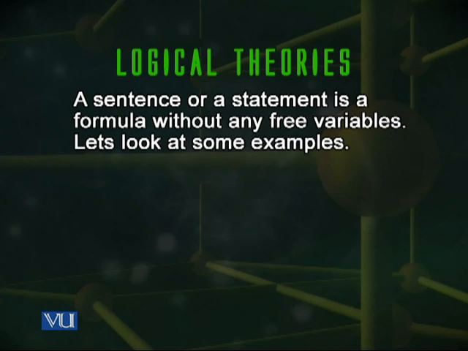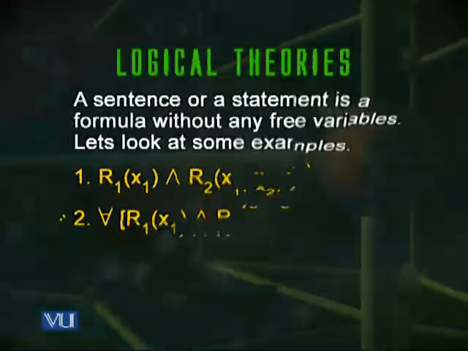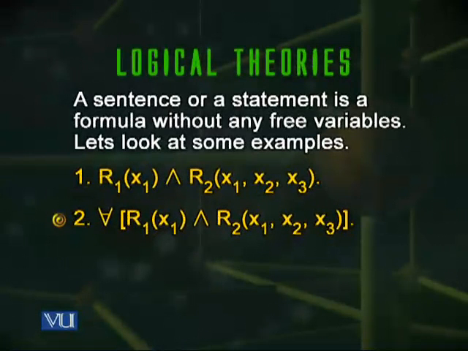Let's look at an example to clarify this concept. The first formula is R1 of x1 and R2 of x1, x2, x3. This formula has 3 free variables, x1, x2, and x3. They do not come in the scope of any quantifier, therefore they are 3 free variables. Let's look at the second formula. That's for all x1, R1 of x1 and R2 of x1, x2, x3.